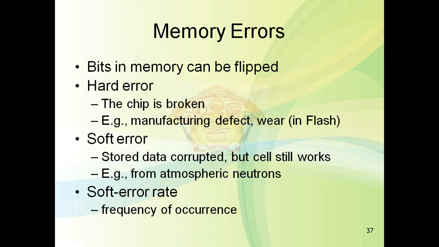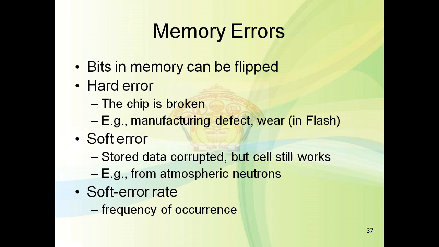This is a permanent error. We can't change it. Even if we rewrite, the damaged cells are not able to be corrected. Hence these are permanent errors, and the name given is hard errors.